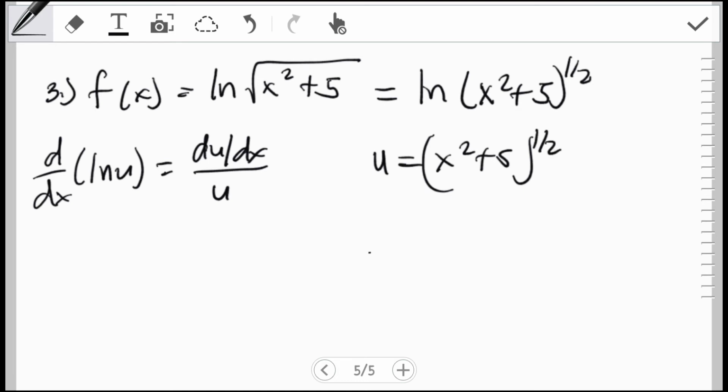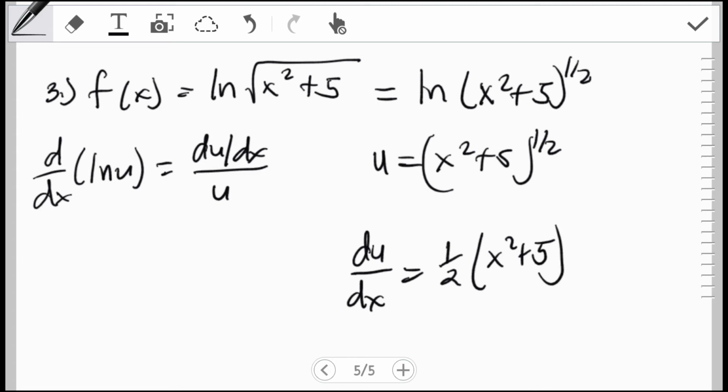Then du over dx is 1/2 times x squared plus 5 to the power 1/2 minus 1, that is negative 1/2.